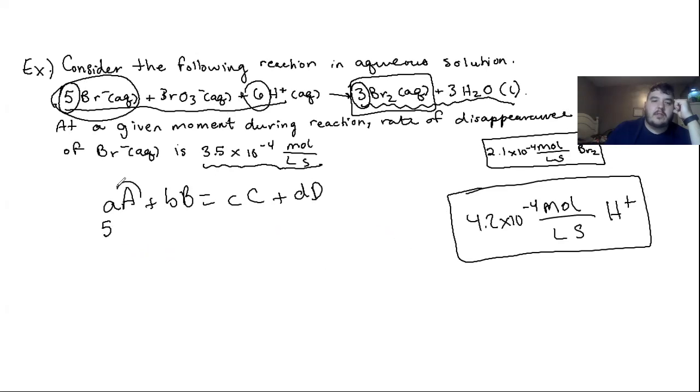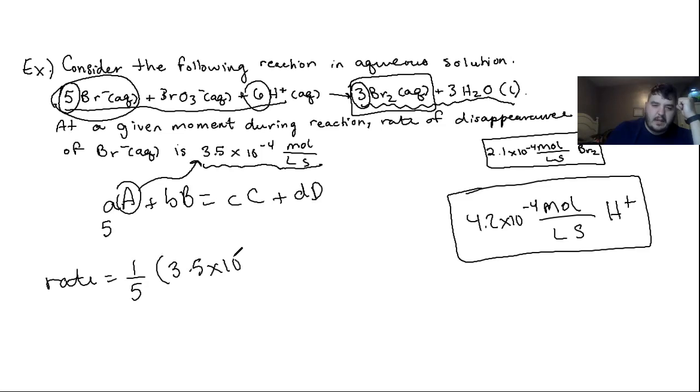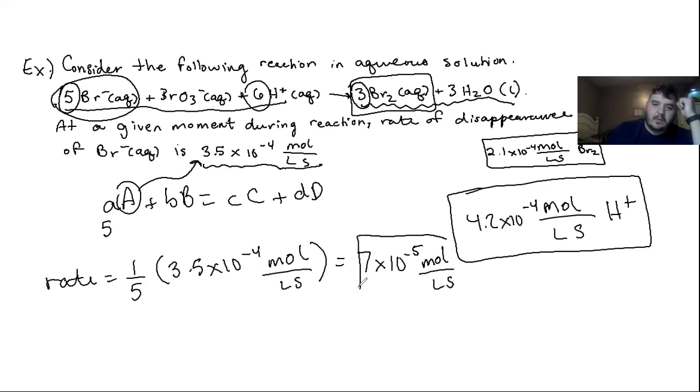And then the concentration of bromine is this guy right here. So for the rate, it's going to equal 1/5 times 3.5 times 10 to the negative 4 moles per liter per second. And whenever we calculate this, we get a final value of 7 times 10 to the negative 5 moles per liter per second. Okay, so there's the rate for that.